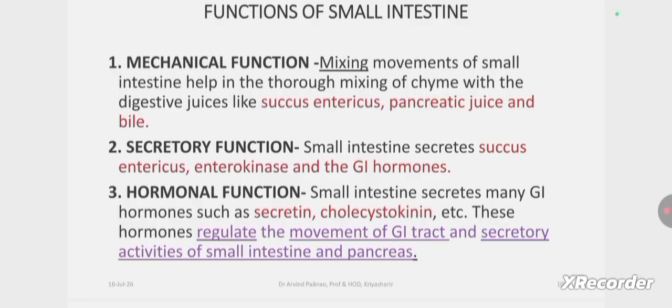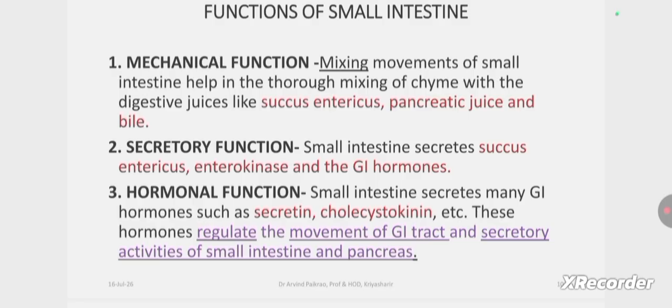It is very much required to mix well with these enzymes. Next is the secretory function. The small intestine secretes succus entericus along with enterokinase, and it also secretes certain GI hormones.